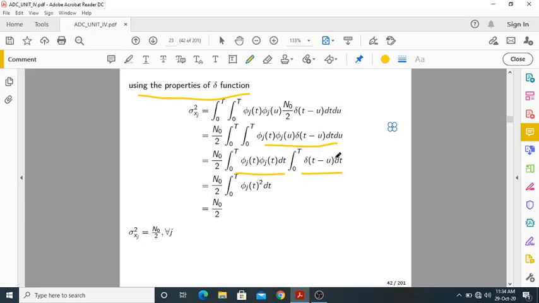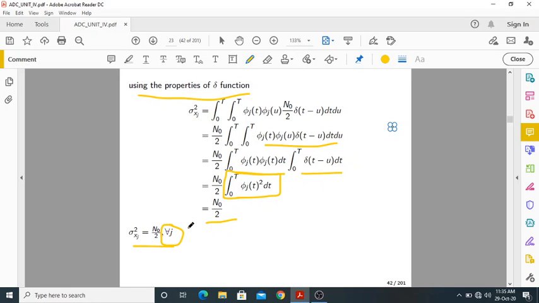When t equals u, this will be 1, and we have the integration 0 to t of phi j of t whole square dt. What is this? That is the energy of the basis function, equal to 1. So you are left with n naught by 2. So sigma phi j square equals n naught by 2 for all j.